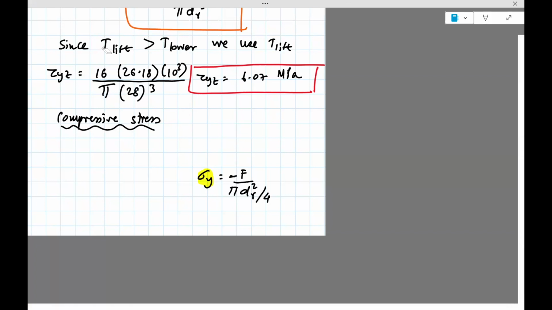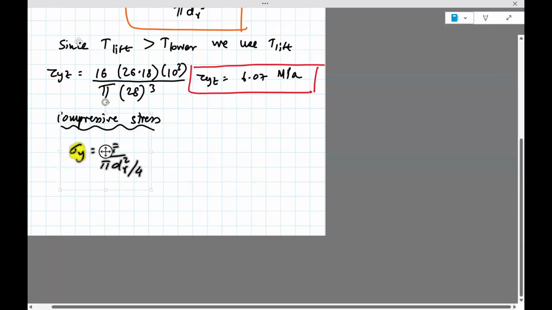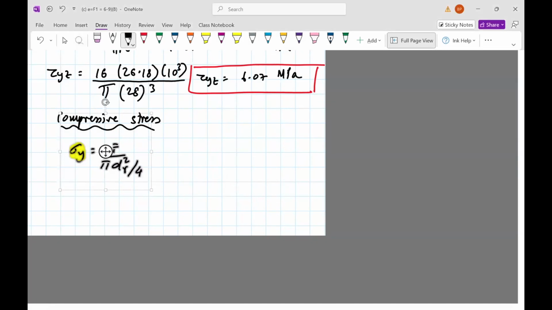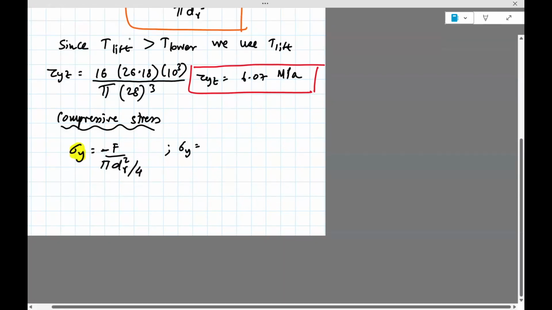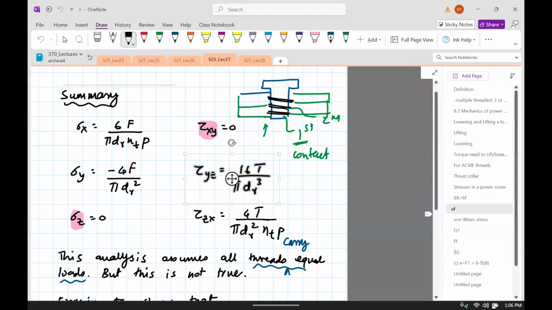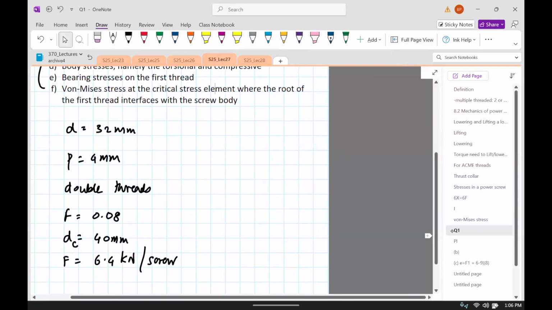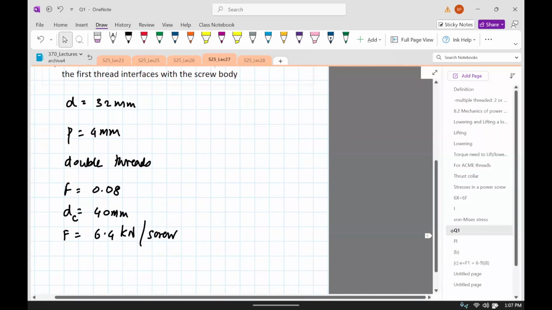Here's the formula. Let's put in the values. Okay, F is the force, and I believe we're given the force per screw, 6.4 kilonewtons.